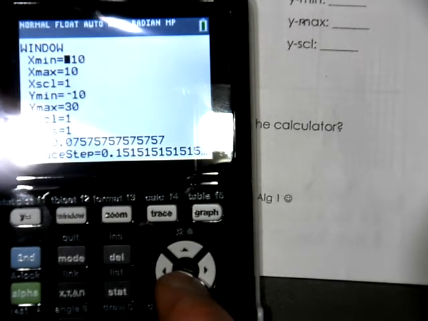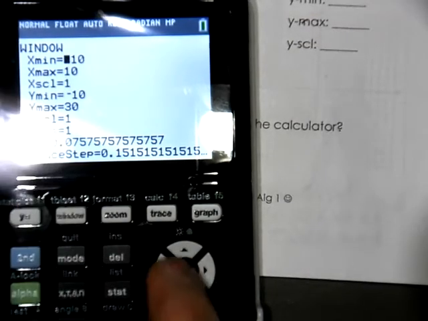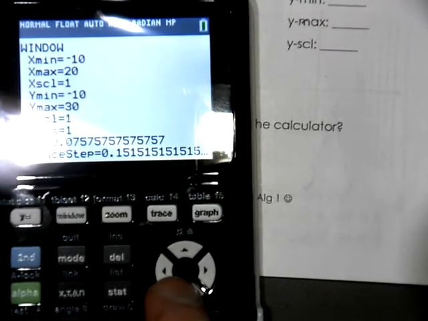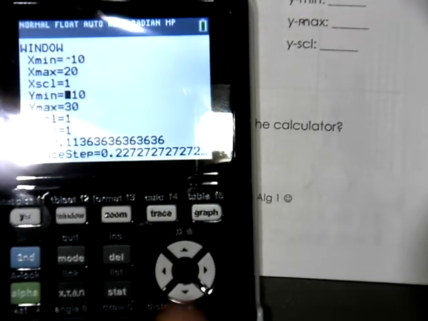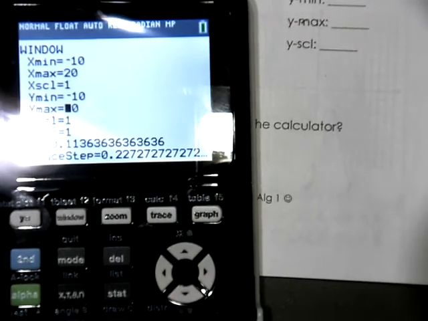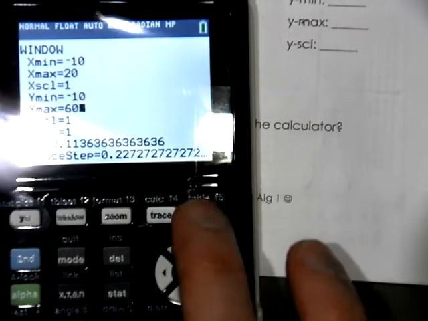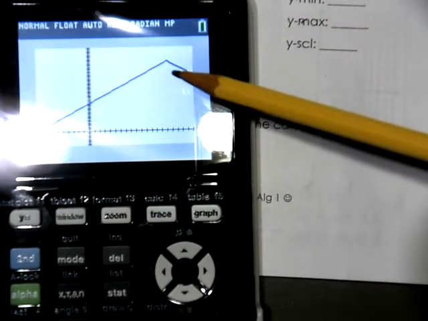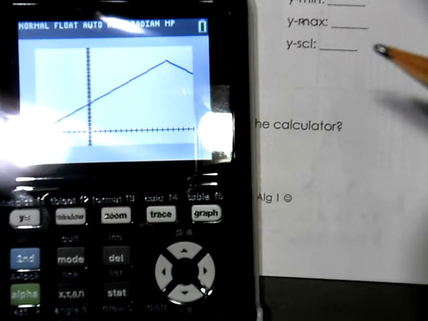To the left, the negative or minimum x, not very important. The maximum x, we have to look more than 15. The minimum y, it's not very important, but the maximum y, we have to look more than 50. So it goes up a ways and then it comes back down.